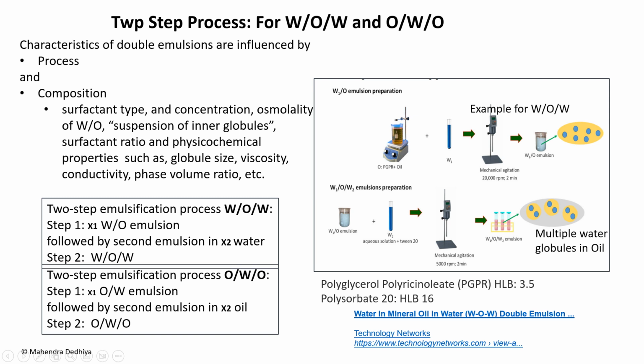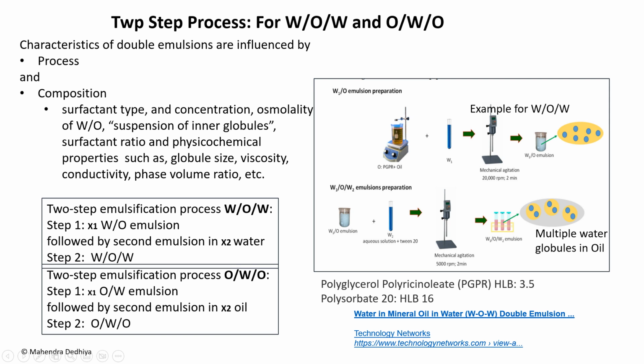The second step of the process is to take this emulsion, W1O, and emulsify it into an aqueous solution, W2, with an emulsifier, in this case Tween 20. Mechanical agitation is generally slightly slower so that the internal emulsion does not break.